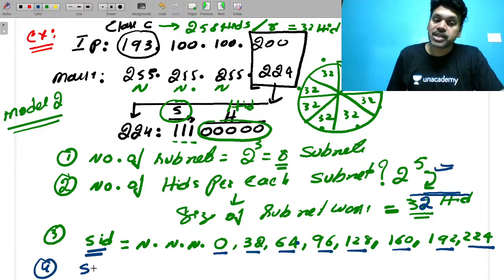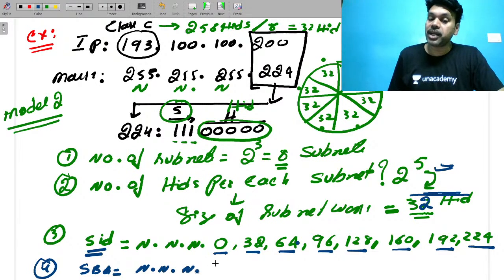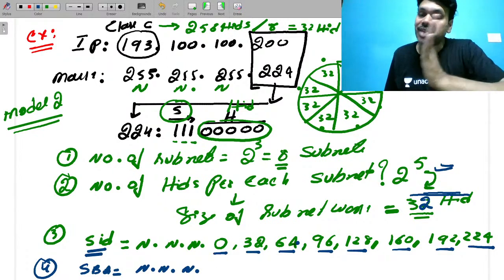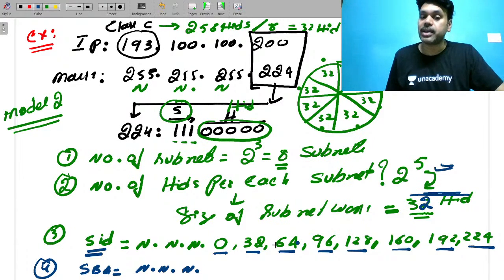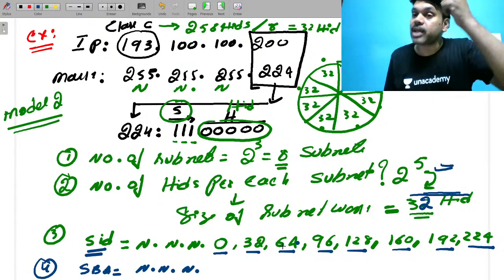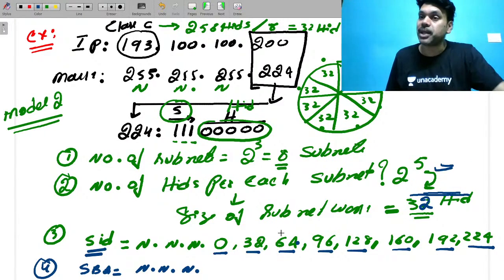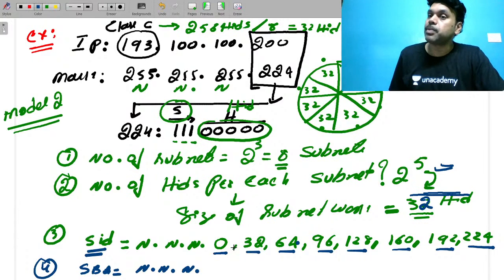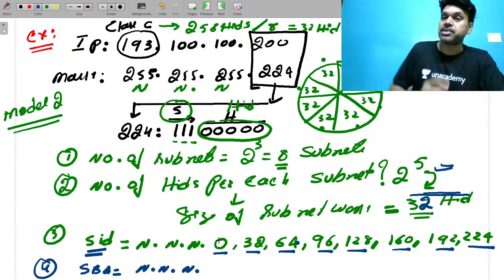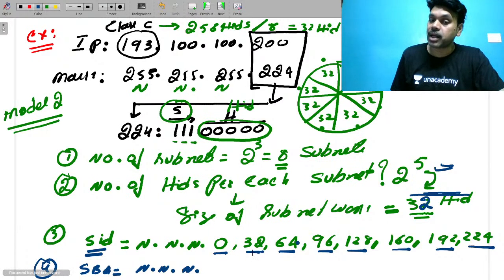So what are your subnet broadcast addresses? A subnet broadcast address is nothing but n.n.n. and then the last octet, as it is a class C. The first 3 octets are for the network ID. Now what is the broadcast address of your first subnet? Your first subnet broadcast address is nothing but the number before your next subnet. What is your next subnet? 32. So the first subnet broadcast address is 31.